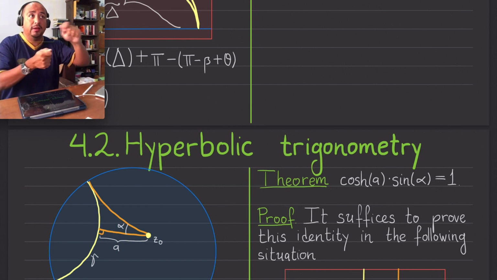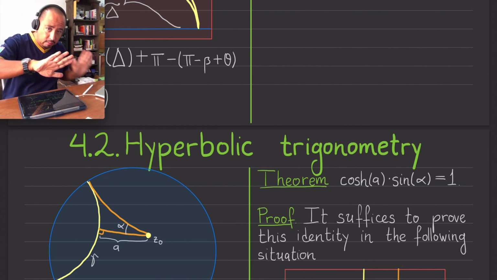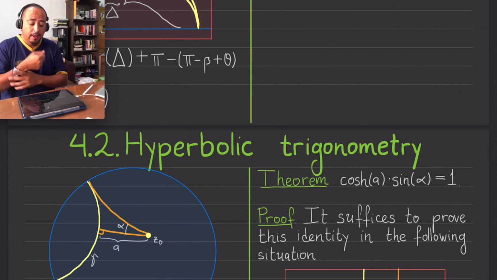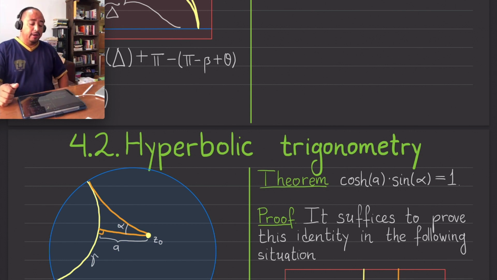Not only that the lengths of their sides are the same, but actually that there is an isometry taking one to the other. So let's start with the angle of parallelism.